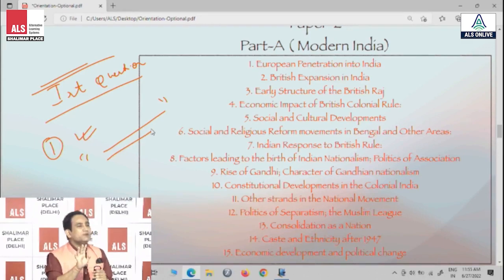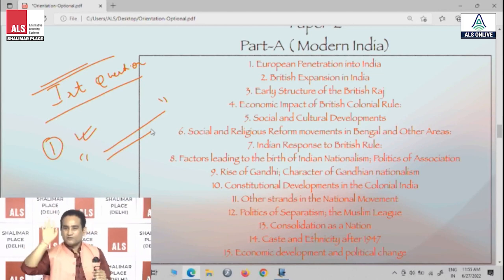But you should be in a position to analyze what kind of personality Ranjit Singh was. And the good thing is that they are repeating questions. Whatever statement they have asked on Ranjit Singh or the French Revolution, when you prepare, you will see they are repeating that. You can easily handle it.